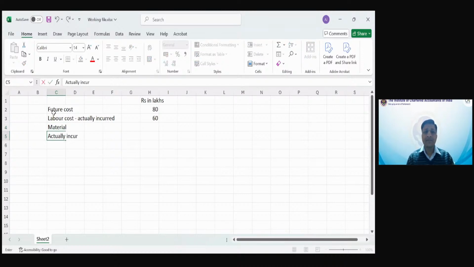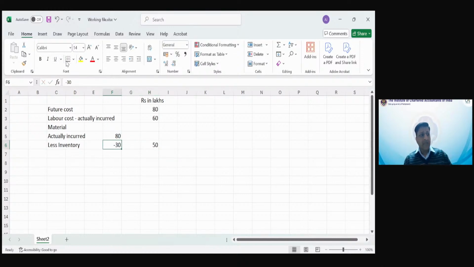Actually incurred less inventory. 80 lakhs less 30. So net net you get 50, correct? I'm not having access to the question right now, so you may correct me if I'm not putting the numbers correctly.